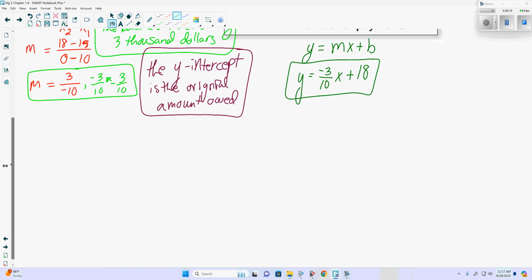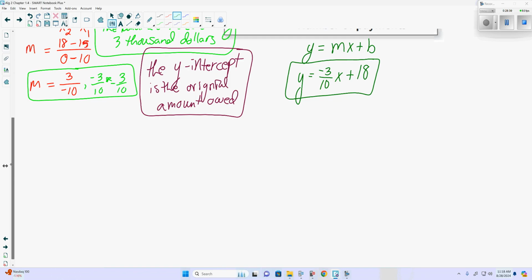So what's the last thing we need? Okay, so we need to know what's the remaining balance after 36 payments, yes? So what is x or y? Which one's the payments?